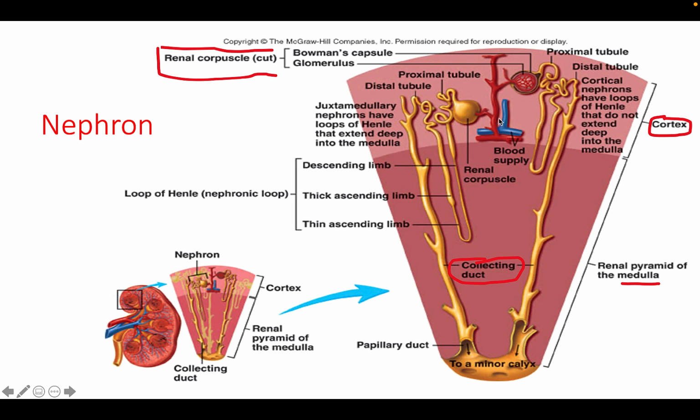Most nephrons are just going to maintain most of their renal tubules in the cortex, and then they dump into the renal pyramids via the collecting ducts. And notice that the collecting ducts are found in these medullary pyramids, and this is where reabsorption of water from filtrate occurs, or a lot of it does, the remaining amount.